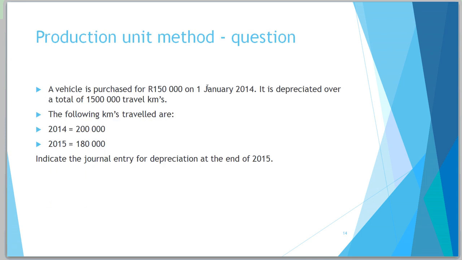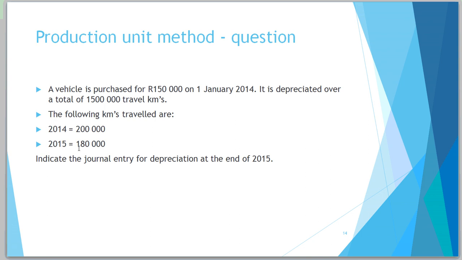The other method that is used is the production unit method, and the production unit method works in terms of units like kilometers, production hours, etc. So here's an example, and it says a vehicle is purchased for 150,000 Rand on 1 January 2014. It is depreciated over a total of 1.5 million kilometers, and the following kilometers are traveled. In 2014, 200,000. In 2015, 180,000.